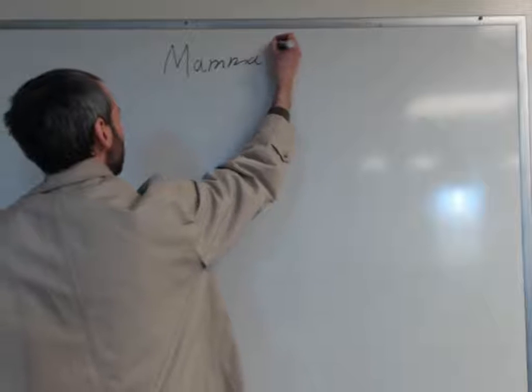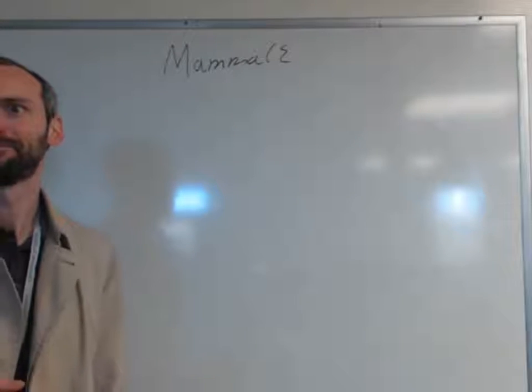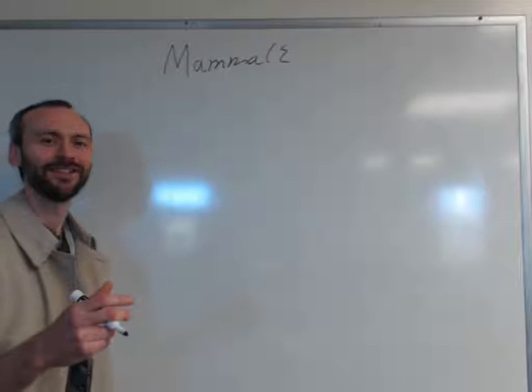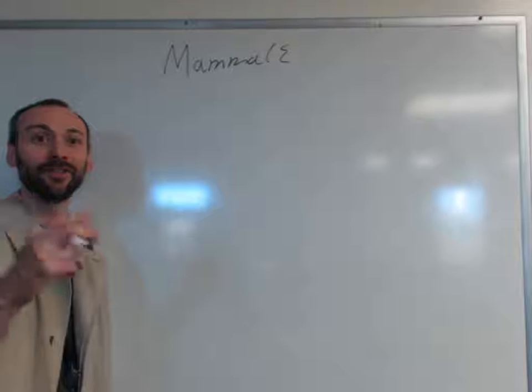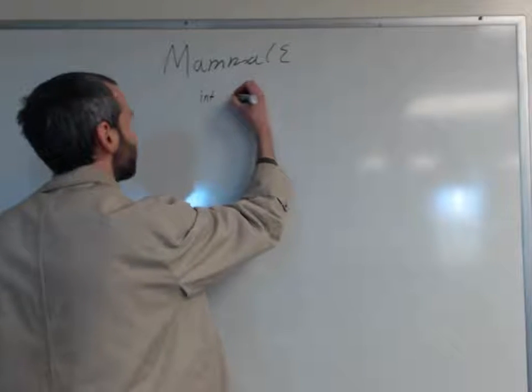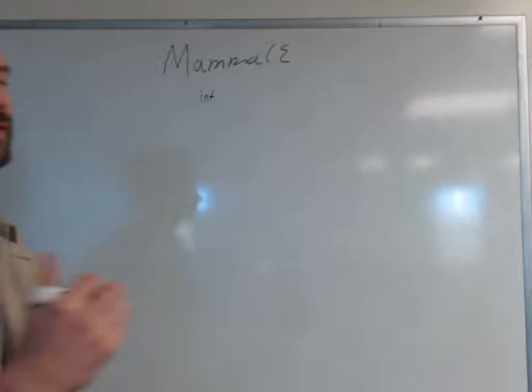So a mammal might have, what's a mammal? Babies. Warm-blooded. They might have fur. Well, bats don't have fur. Yes, they do. All mammals have hair, which is the technical term.